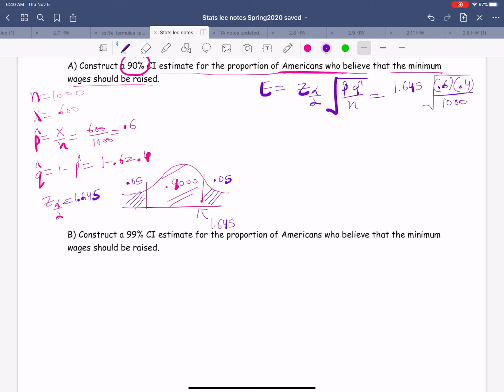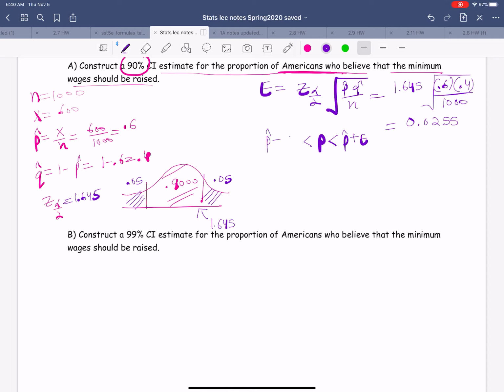Go ahead and plug this into a calculator. I got, using a calculator, 0.0255. So this is my margin of error, 0.0255.